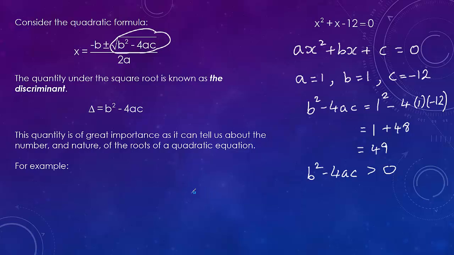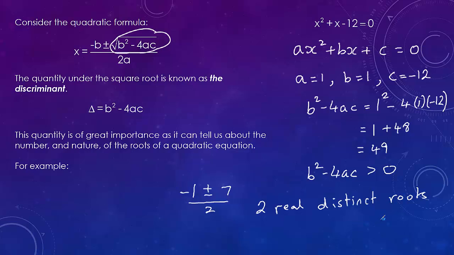So this tells me, in this case, that I'll have negative 1 plus or minus the square root of 49, which is 7, divided by 2 times a. That gives me two real distinct roots.